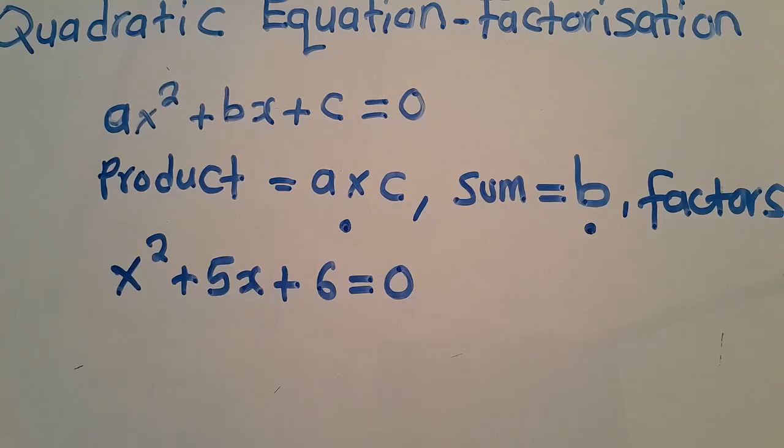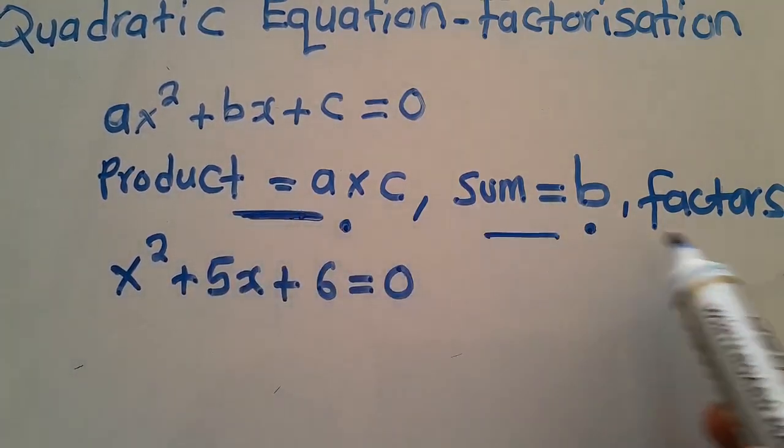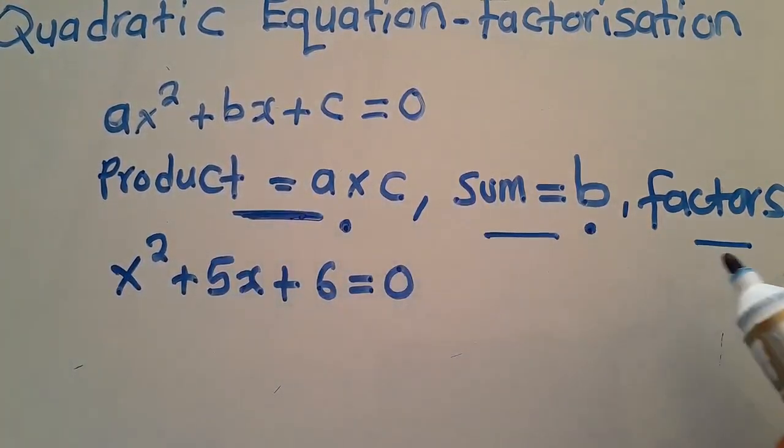How can you tell that it can be solved by factorization? It is by using these three: if all three are there, then that quadratic equation can be solved by using factorization method.